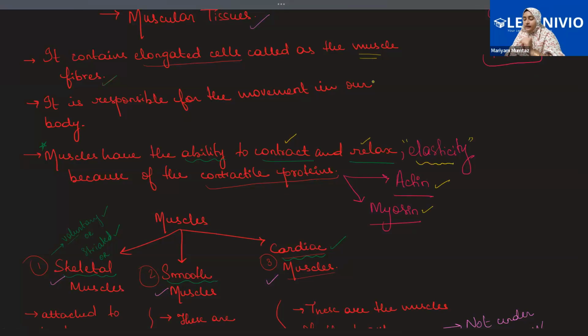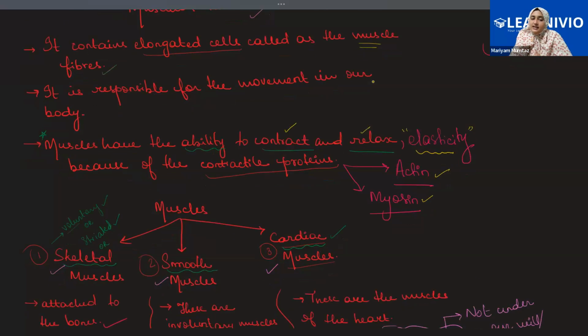Contractile is a property wherein, for example, a contractile protein can cause contraction. You understand contraction and relaxation? So all of those organisms that have the property to contract and relax have that because they have some contractile proteins in them.